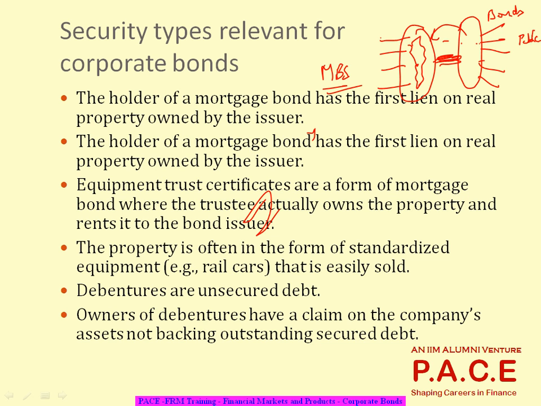Then the property is often in the form of standardized equipment, buildings, cars, rails, whichever are the heavy properties, the big assets. All those things are the typical properties, and there the bonds can be issued or debentures also can be issued depending on the creditworthiness of the issuing company.